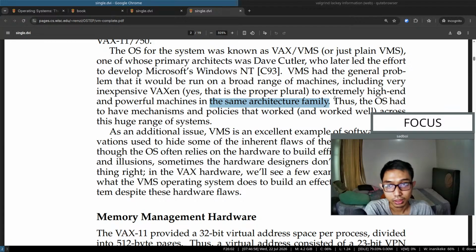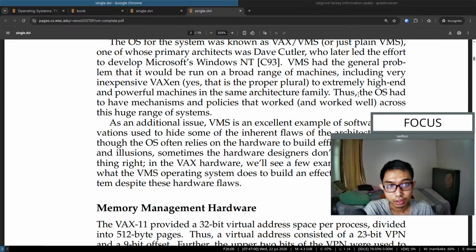Thus, the operating system had to have mechanisms and policies that work well across this huge range of systems.